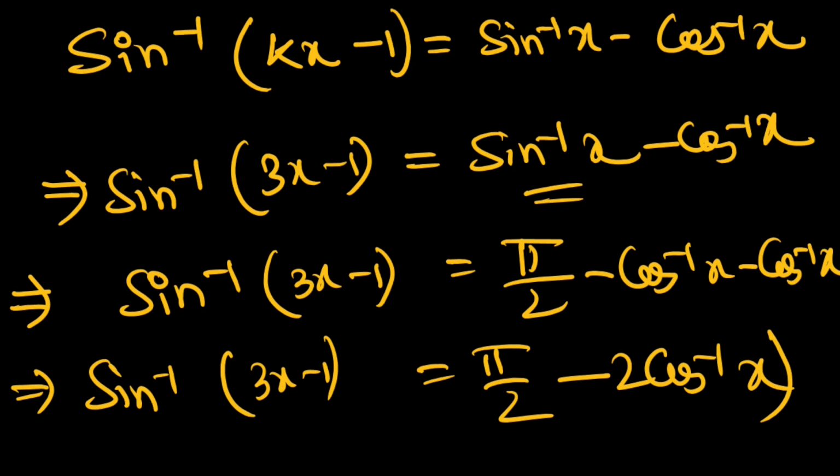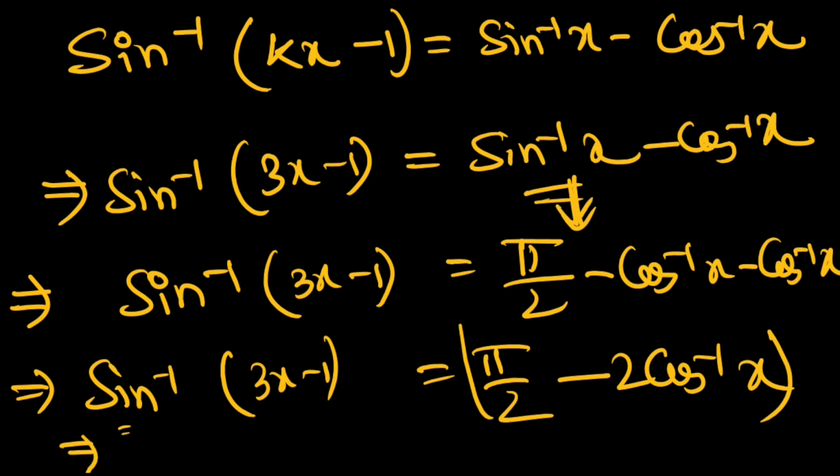Why do we replace this value here? Because if we take sine on both sides, then we get 3x minus 1 is equal to sine of pi by 2 minus 2 cos inverse x. The sine function changes at pi by 2, so we get a function of cos. That's why we replace sine inverse x here.